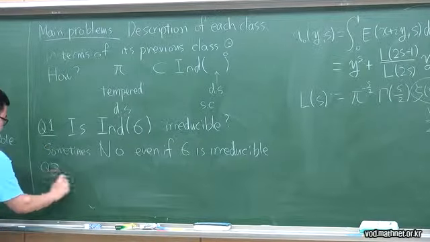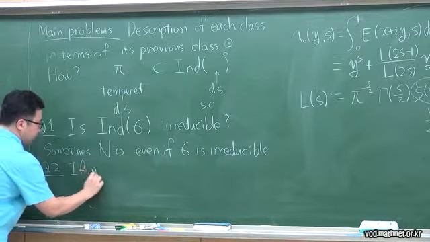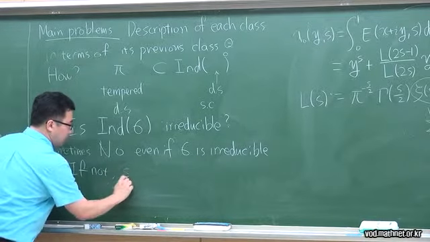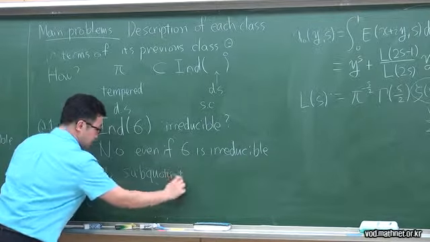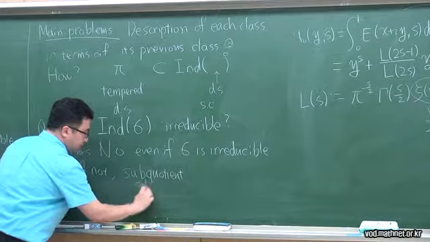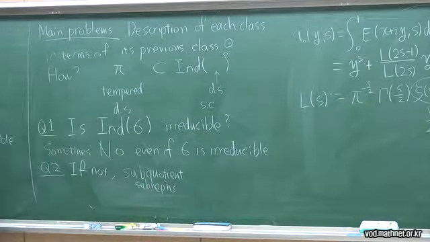And question 2 is that, okay, what if this representation is reducible? Then we need to study the so-called subquotients, or sometimes just quotients, or sometimes subrepresentations of this representation space. So this vector space has certain subrepresentations, and of course subquotients, and sometimes it has quotients.